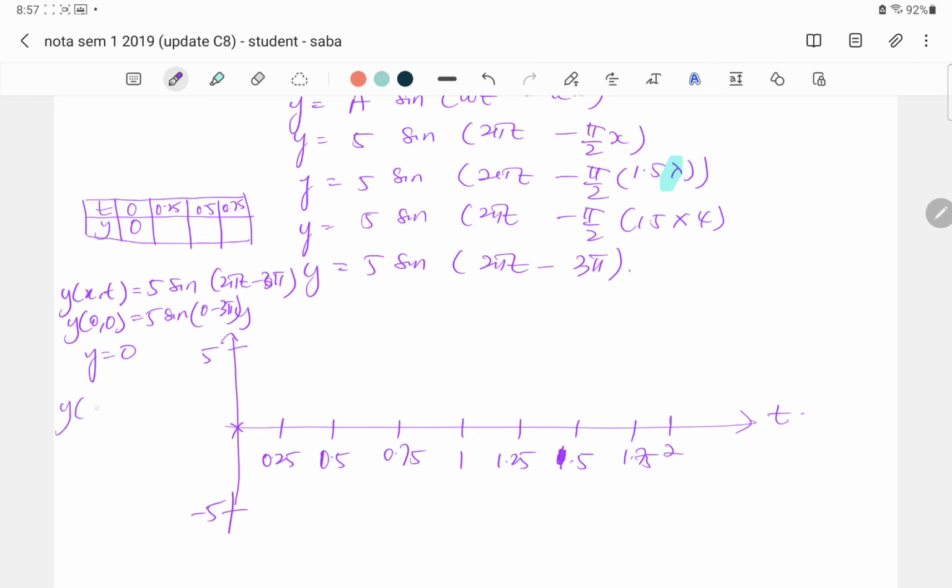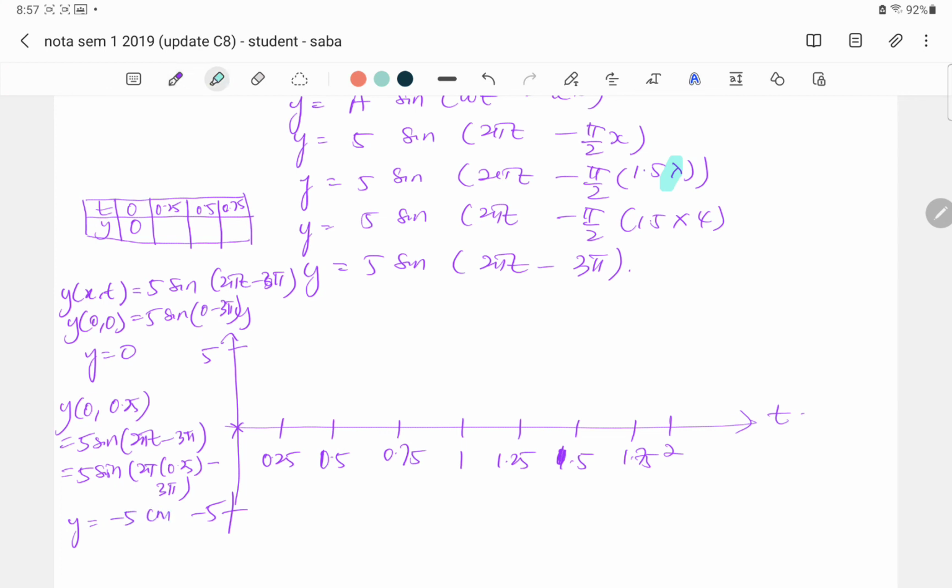So satu lagi, y at t equal 0.25 equals 5 sin(2πt − 3π). So kat sini 5 sin(2π, your t is 0.25, minus 3π). So your y is equal to negative 5 centimeter.